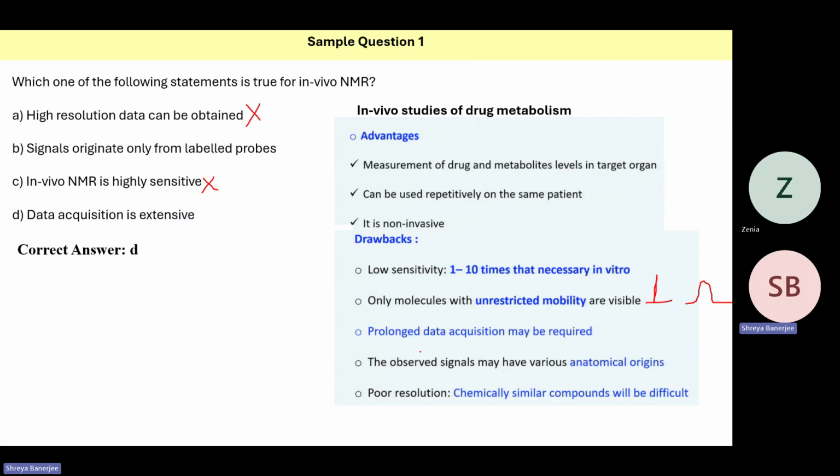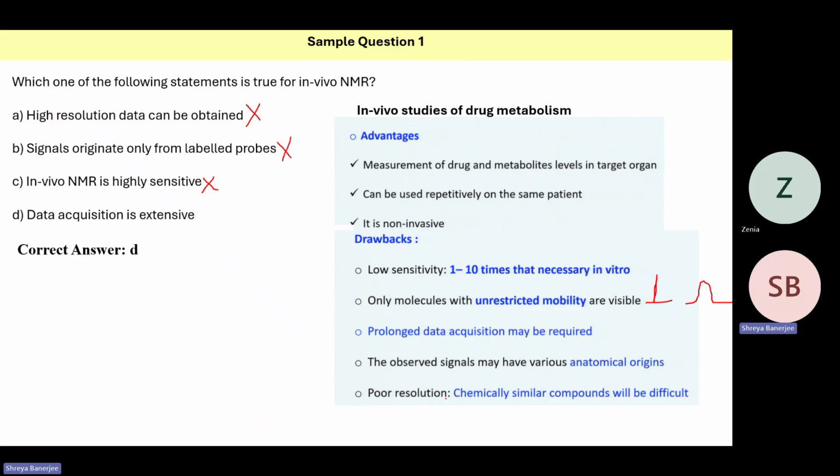In vivo, suppose we are looking at 1H, there can be signals from water because 70% of the body is water. There can be signals from 1H occurring in naturally occurring proteins and lipids in the body. So the signal is originating from various sources, not only from the labeled probes. So this is also wrong.